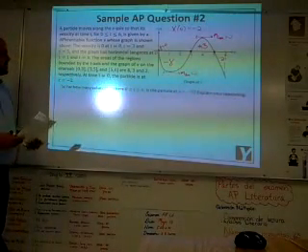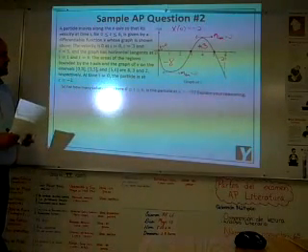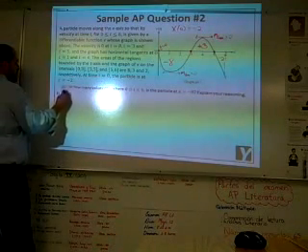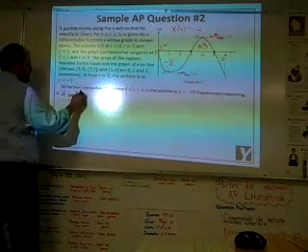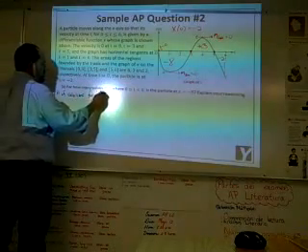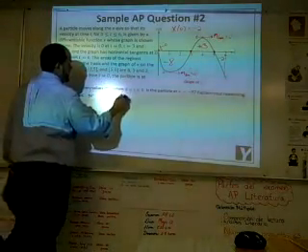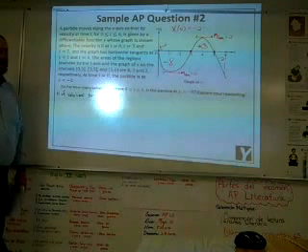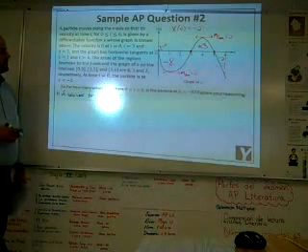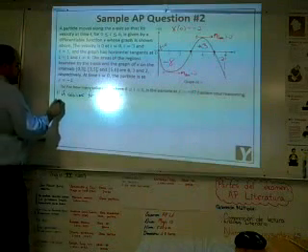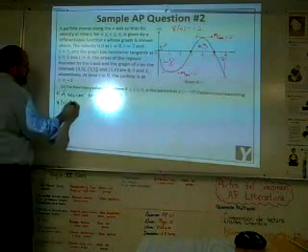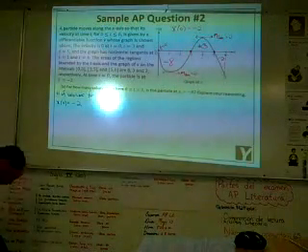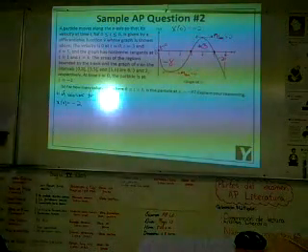For how many values of t in the time interval 0 to 6 is the particle at x equals negative 8? So I'm looking for the number of solutions for the equation x of t equals negative 8. All that we have is the graph of our velocity function. We also know that the position of the particle at 0 seconds is negative 2 meters, so 2 meters to the left.